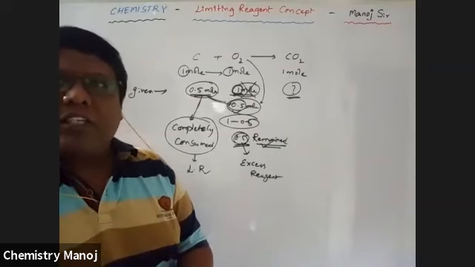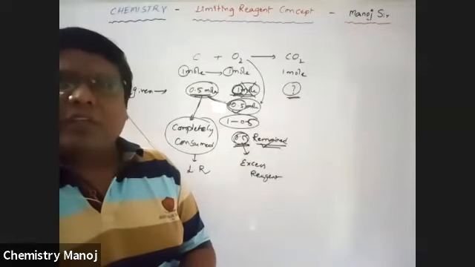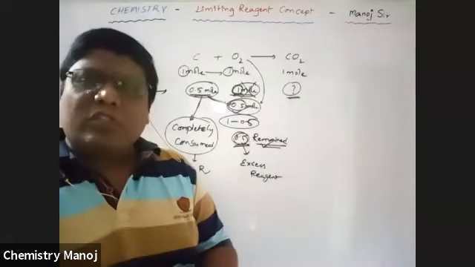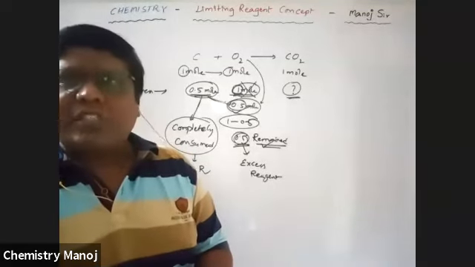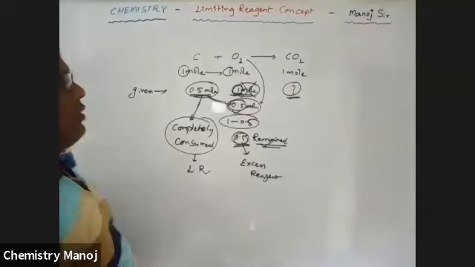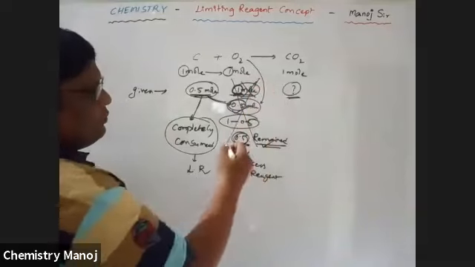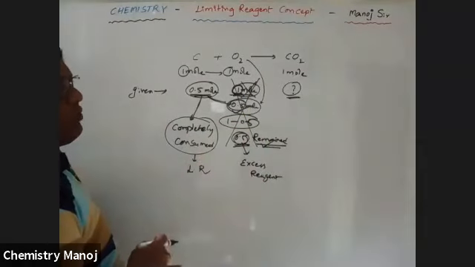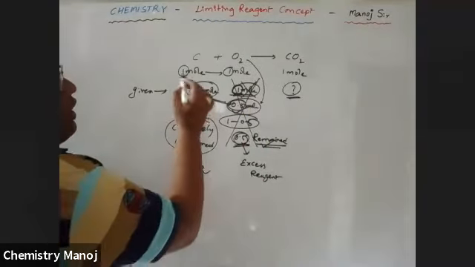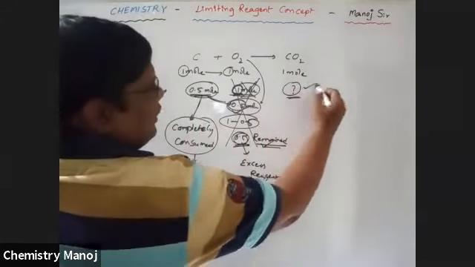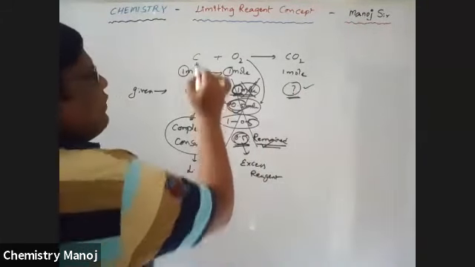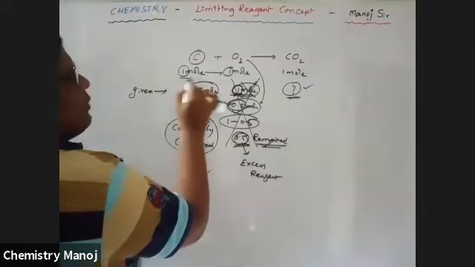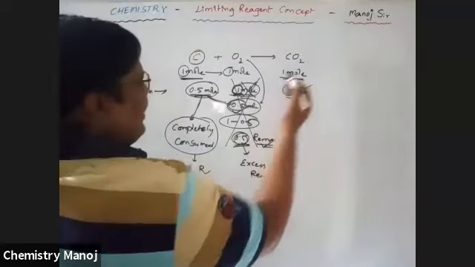Now our calculation is completely based on the limiting reagent, which is completely consumed. That means we neglect this part because it is in excess amount. So now I want to calculate the amount of carbon dioxide with respect to carbon. Carbon 1 mole gives 1 mole carbon dioxide.